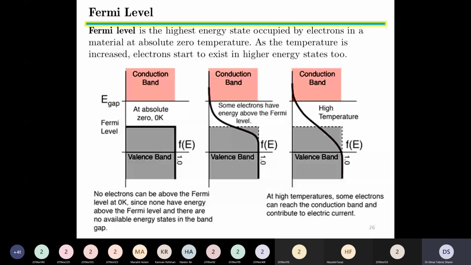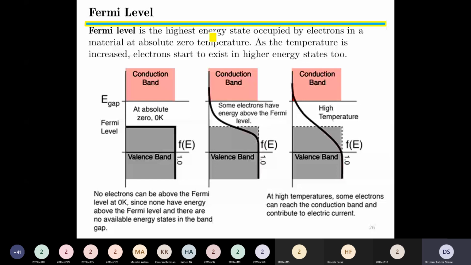Fermi level is the highest energy state occupied by electrons in a material at absolute zero temperature.